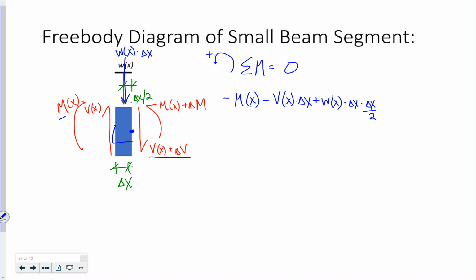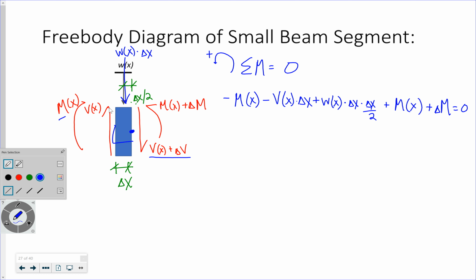But also acting positive, I have M of x plus delta M. So again, I can cross that out.